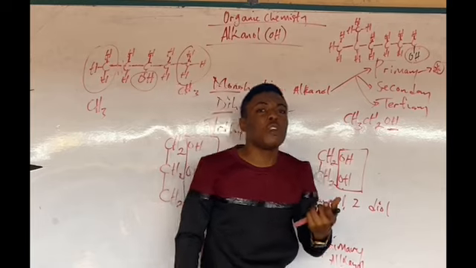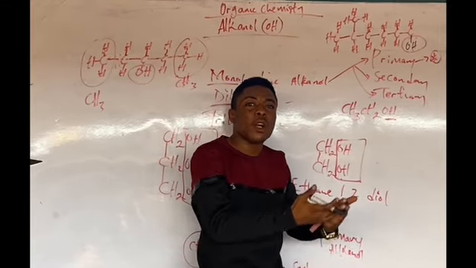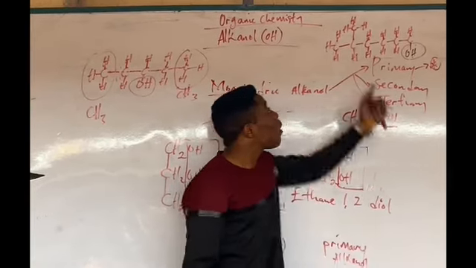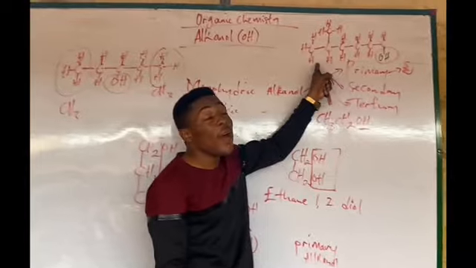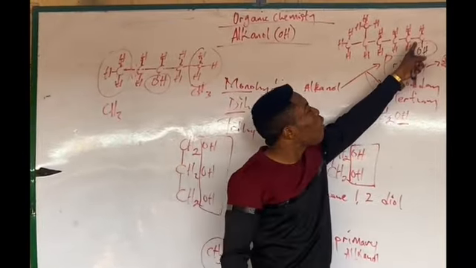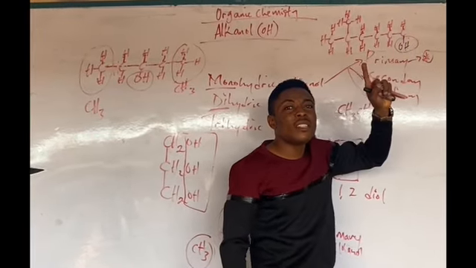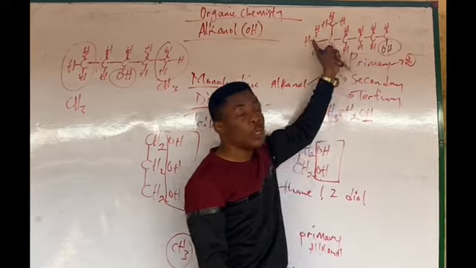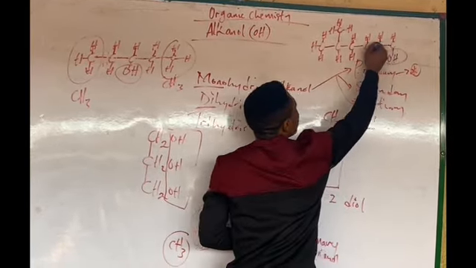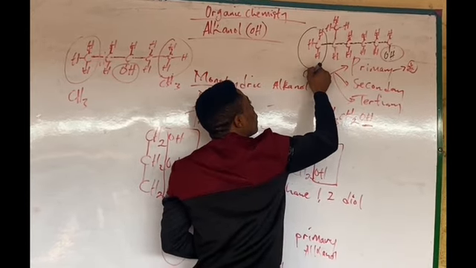That is why it is wrong for you to say you identify whether it is primary, secondary, or tertiary by the number of methyl group present. Here we have two methyl group, but this compound here is still a primary alkanol because the alpha carbon is this one, and the alpha carbon has direct link to one methyl group. Where is the methyl group? It is this one, CH3, methyl group.